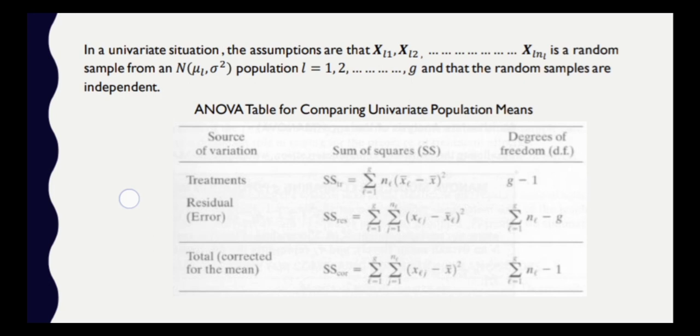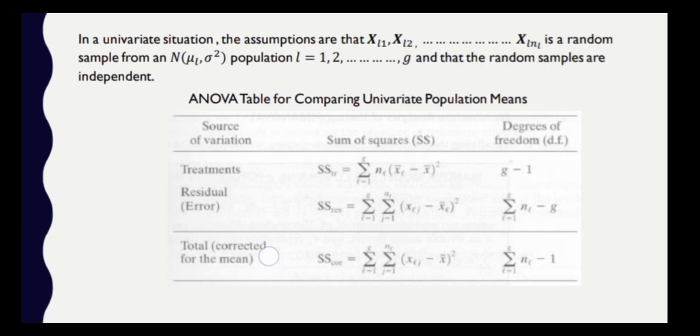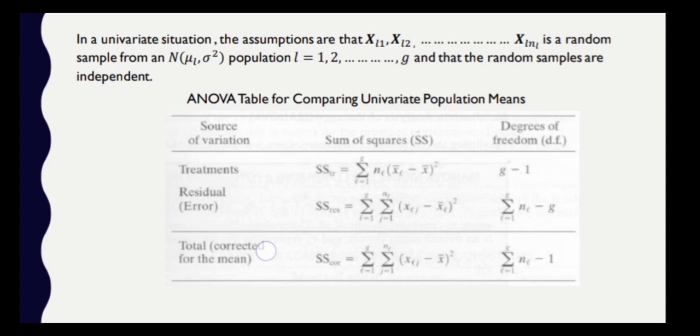SS residual is the double summation of observation minus the mean of each sample population, squared, and then SS corrected is the summation of SS treatment plus SS residual. Okay, look at the degree of freedom. The degree of freedom when we are using the one-way MANOVA later, the degree of freedom is the same.